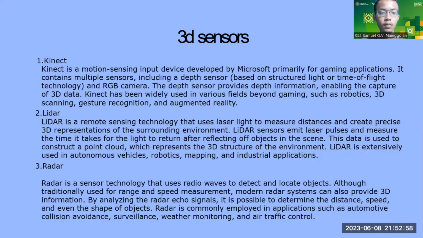Second, LiDAR is a remote sensing technology that uses laser light to measure distance and create a 3D representation of the surrounding environment. LiDAR sensors emit laser pulses and measure the time it takes for the light to return after reflection off objects in the scene.